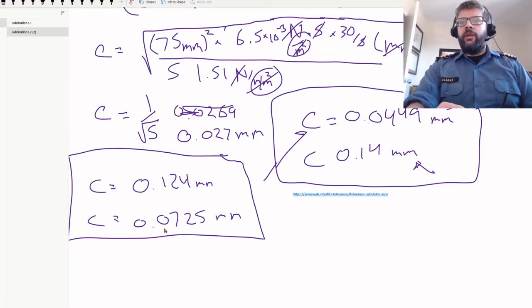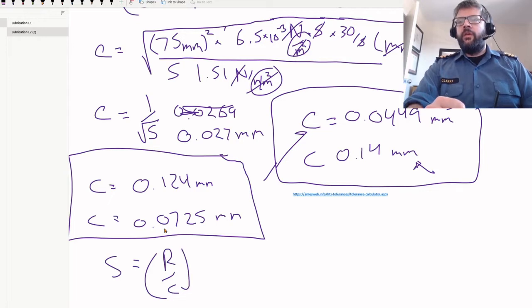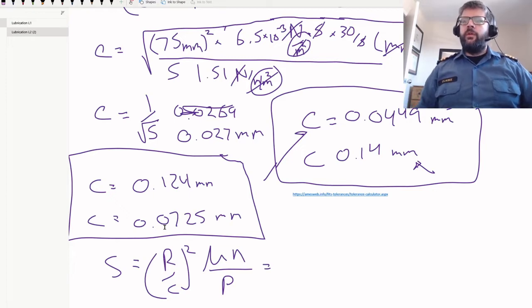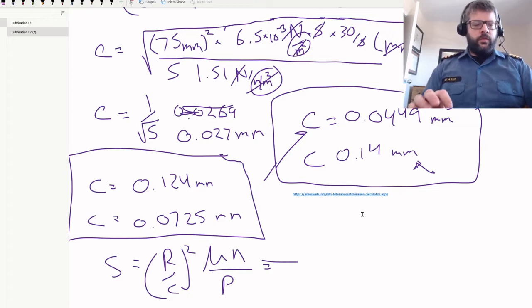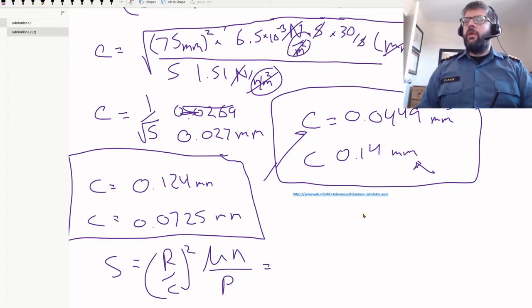So again, our S is going to be equal to R over C squared, times our viscosity, times our rotational speed, divided by our bearing pressure. Let's see, what are we looking at here?